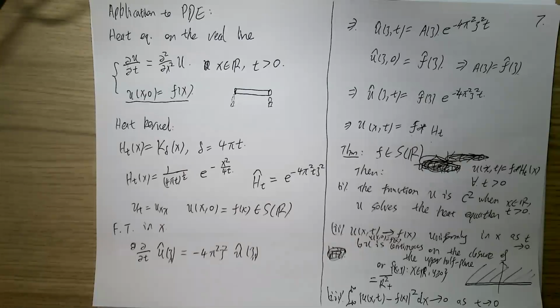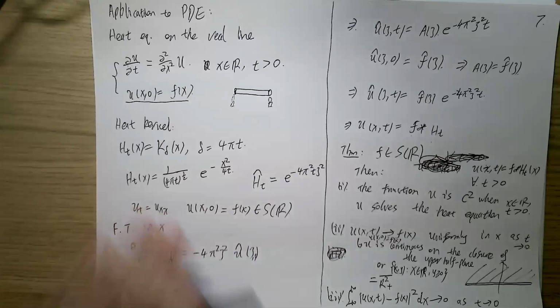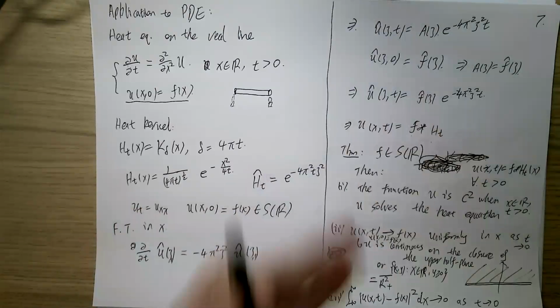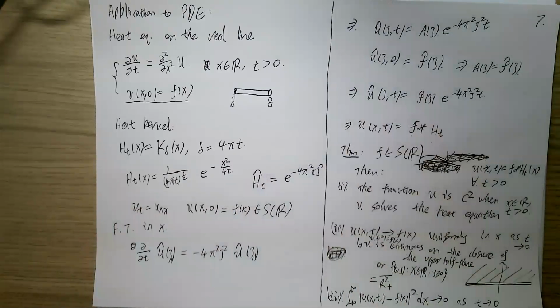Professor, one question. When we plug into the heat equation, u_t equals u_xx, and we do the Fourier transform of both sides, why does it preserve the derivative in t, but not the derivative in x? Well, first, this kind of calculation is just a formal calculation, which is why we have to prove that it is indeed a solution.